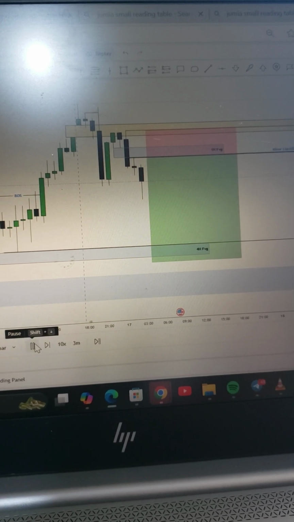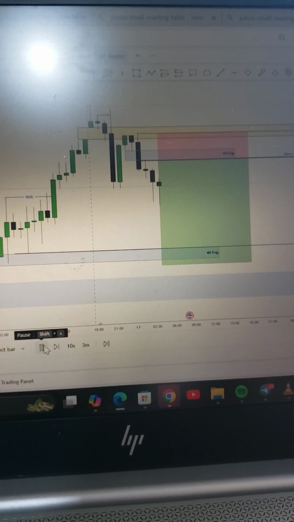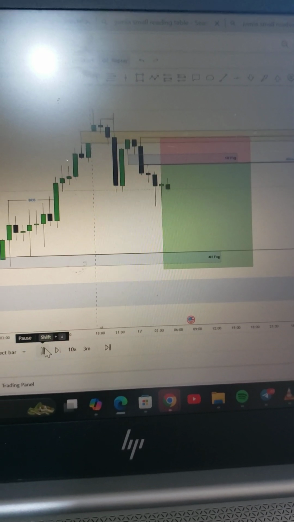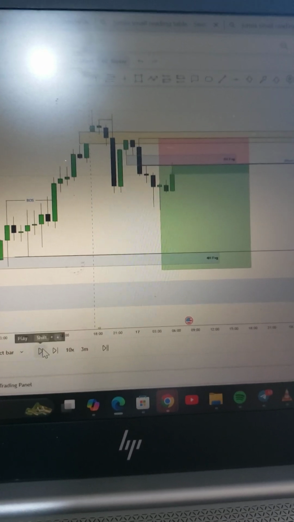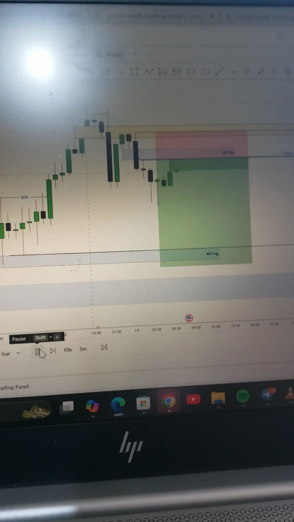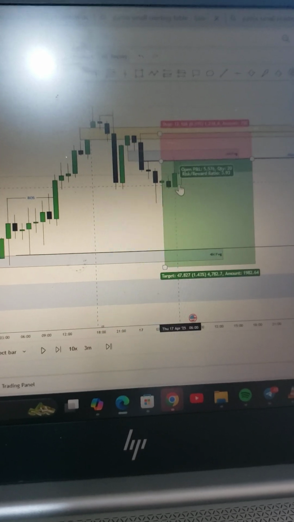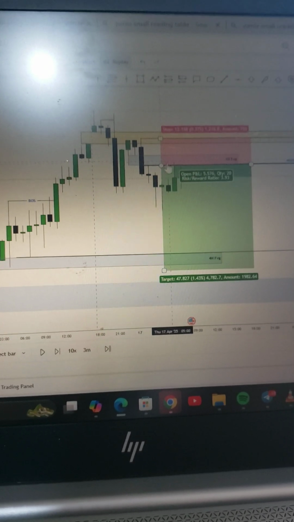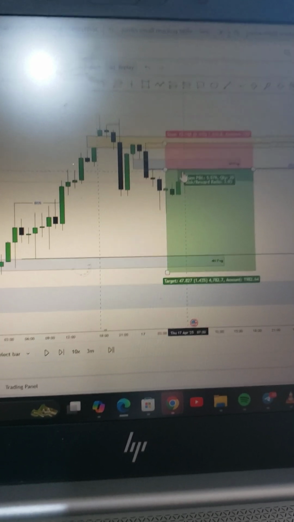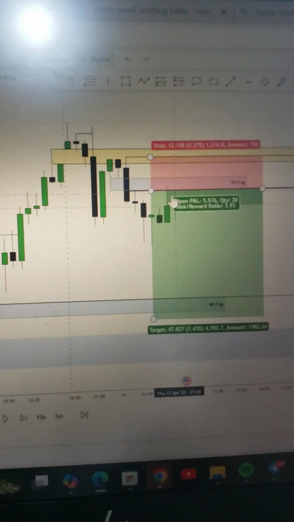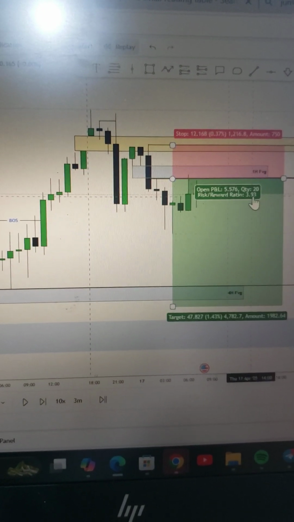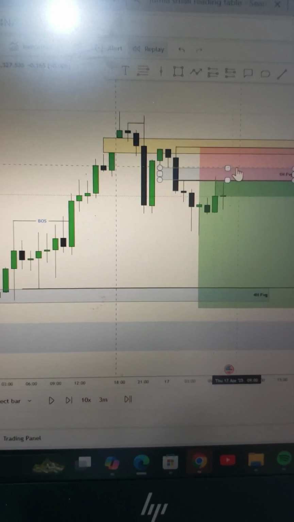So price played out. Also, something happened when this candle closed. It created a liquidity here and here. In many cases price may not sweep it. Price could go down, but sometimes it's going to sweep it.